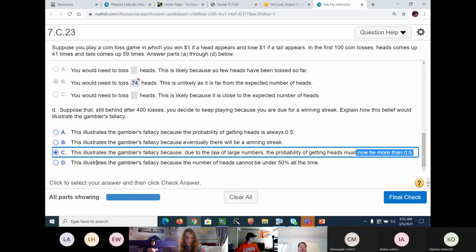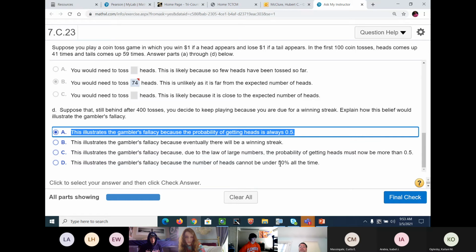And this one says, because the number of heads cannot be under 50% all the time. No, that's not true either, because you could actually be over 50% with heads, but it's not going to be all the time unless you got a loaded coin. So I guess the only true statement would be this one. Now, I don't know. I may be totally wrong.